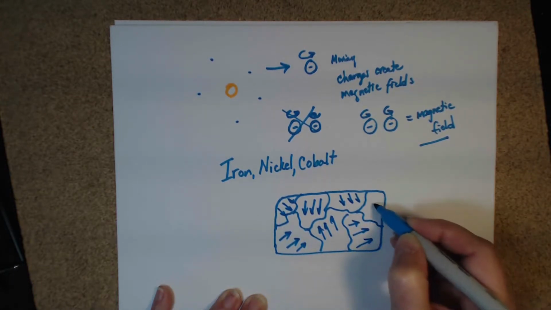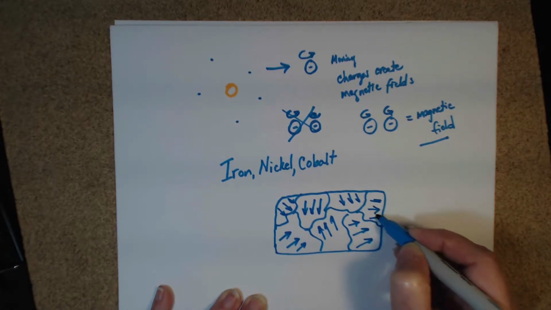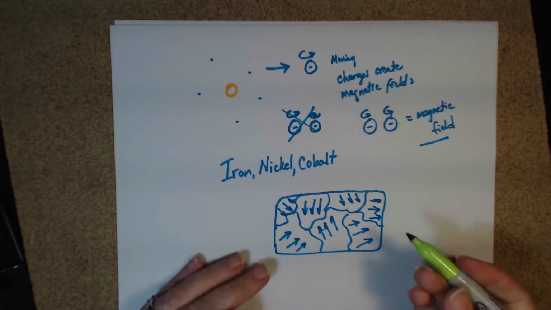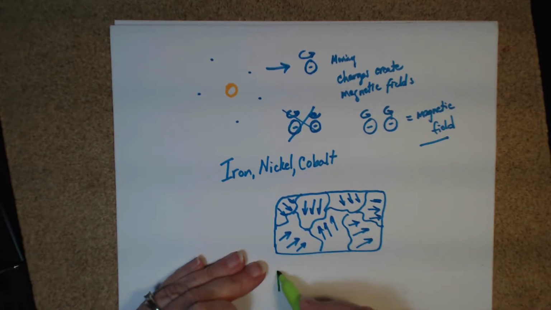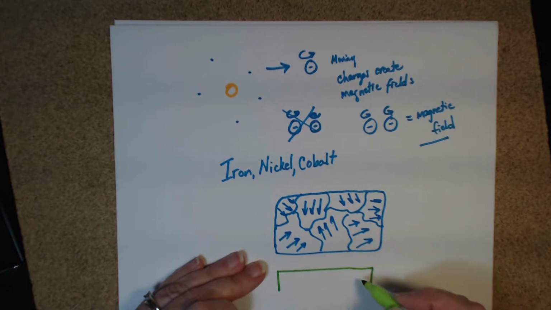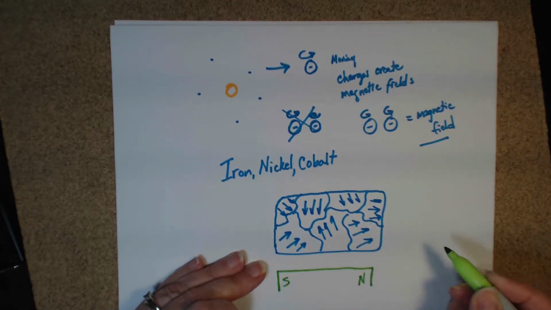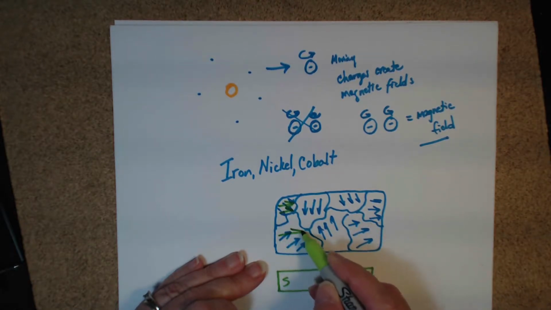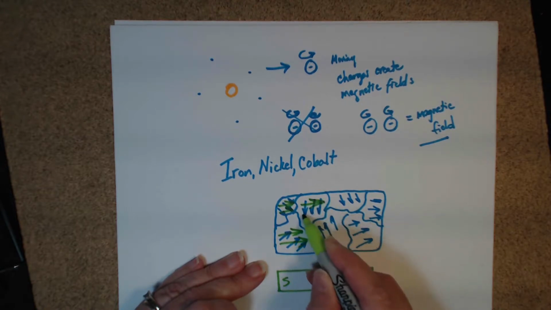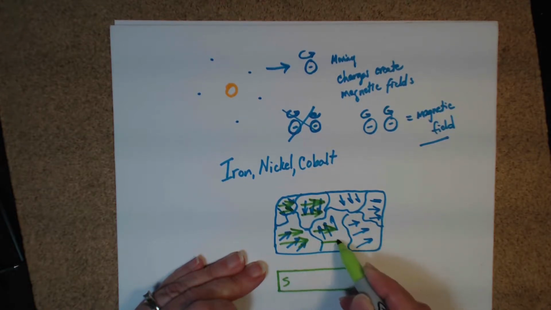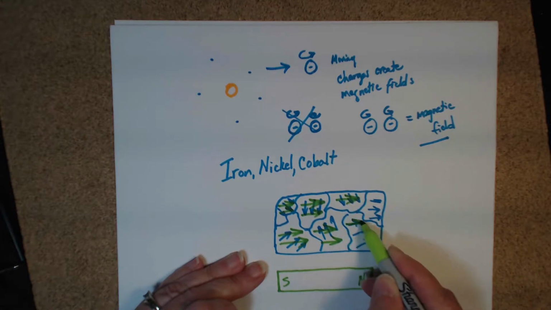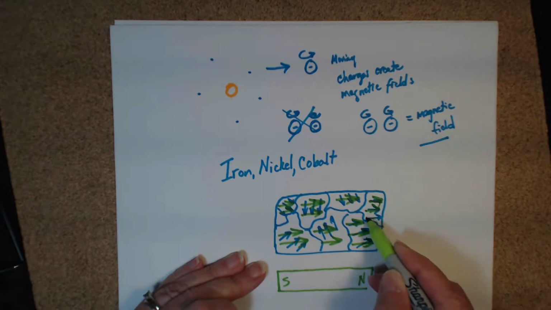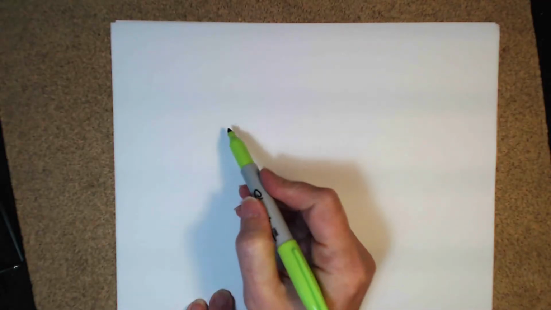Now, in materials like iron, this piece of iron could be exposed to a magnetic field, and all of those domains can then be aligned along the magnetic field of the magnet they were exposed to, making this piece of iron magnetic. Notice that all the domains have to be aligned in order for this piece of iron to be a magnet.